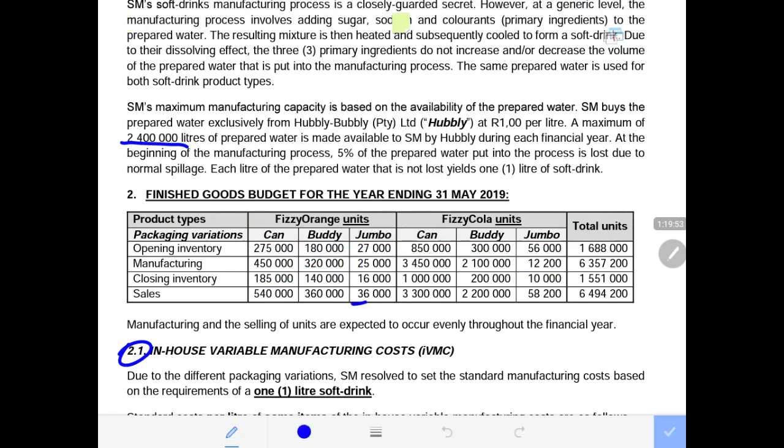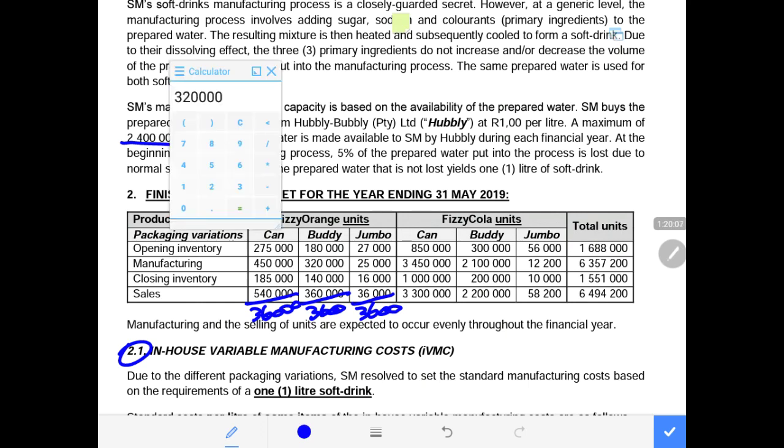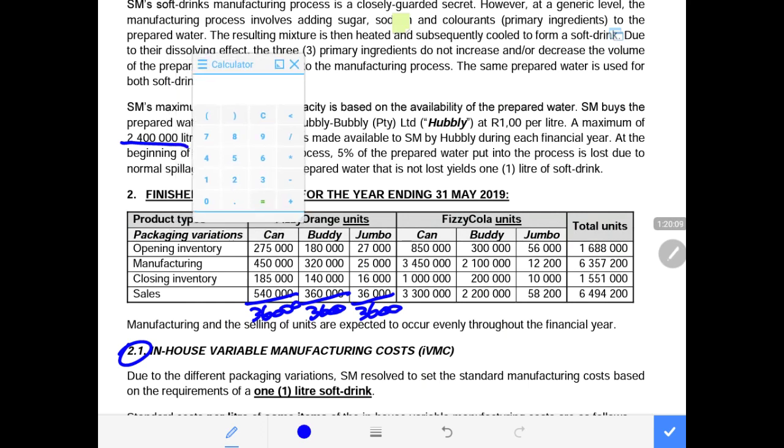First of all, 36,000 does go into 36,000. That's what you must first do. Check if the smaller number fits into all the other numbers. If that is the case, then that will be the simplest approach, or else look at the lowest common denominator. That is, let us say 360,000 divided by 36,000.